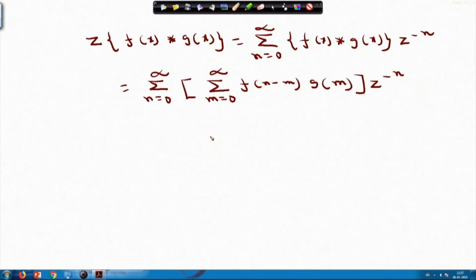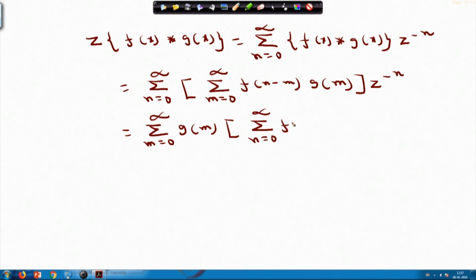Now, interchanging the order of the summation, I can write summation m equals 0 to infinity g m into summation n equals 0 to infinity f of n minus m into z to the power minus n.